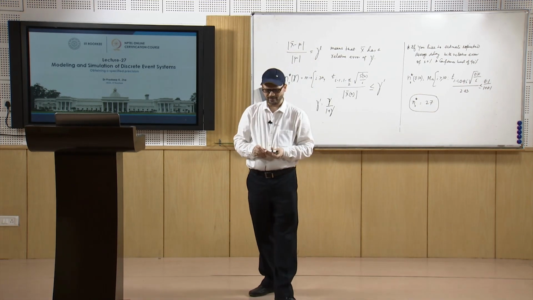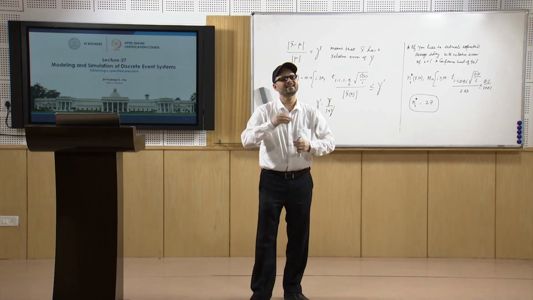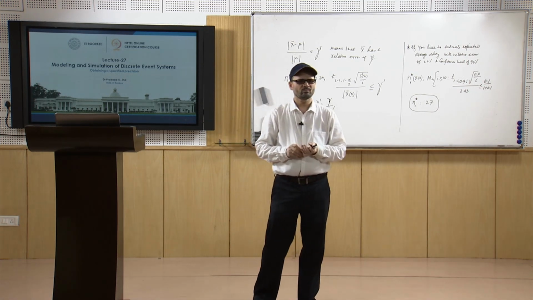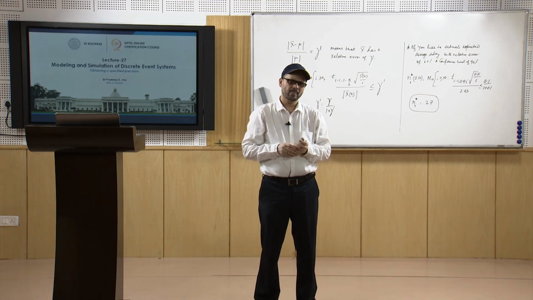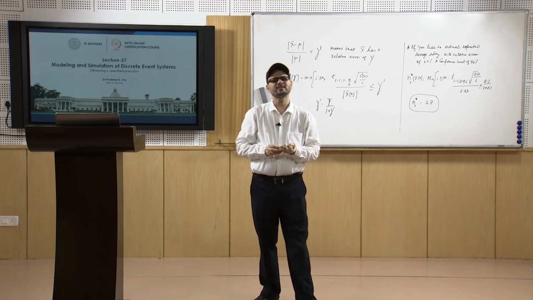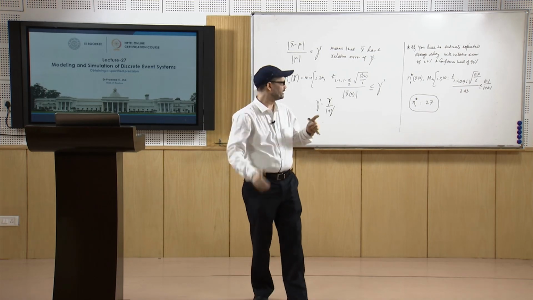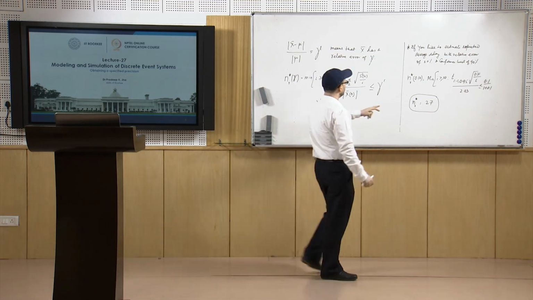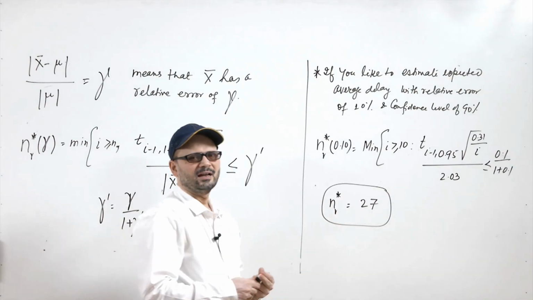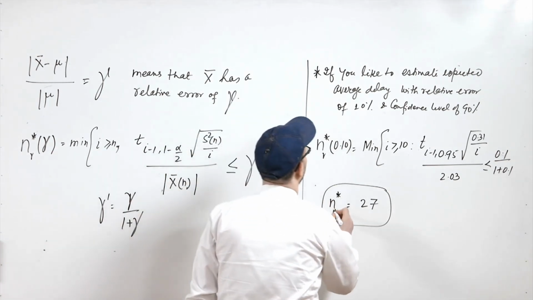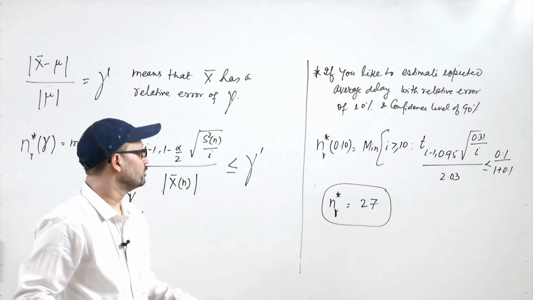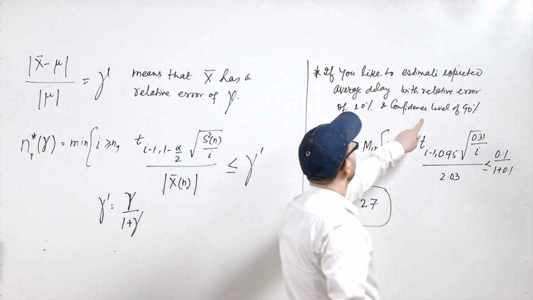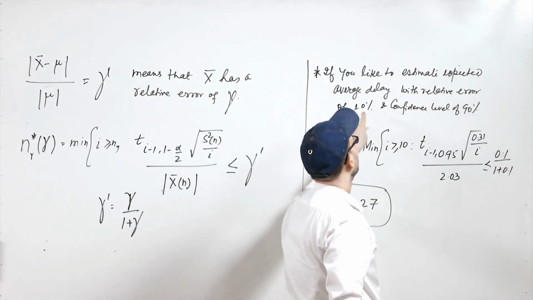So, we were told that you have to have a relative error of 10% maximum. In those cases you again have to increase n. Once you increase the number of runs to 27, you get this condition fulfilled, that you have a relative error of only 10%.